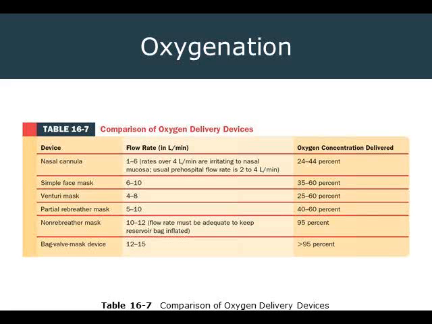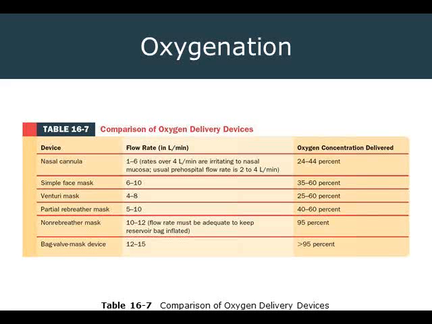We usually tell people non-rebreather 10 to 15. 15 is fine in my book, although in most cases you don't need 15. You should watch the patient deflate the bag. If the bag is deflating more than halfway, turn up your O2. So start them at 10 and then slowly increase if need be. If the bag never even dimples, you're giving them way too much O2. You're just wasting it, and it's escaping into the atmosphere.